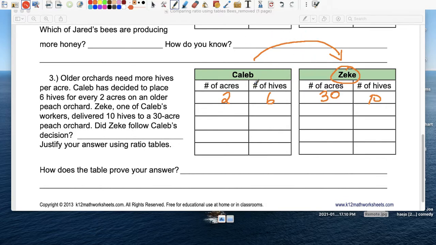Entonces Caleb went in 30 acres of land, he put 10 hives of bees. Okay, so ¿será que el señor Zeke obedeció las órdenes de Caleb? ¿Será que 30 acres and 10 hives is the same thing, es la misma cosa que 2 acres and 6 hives?